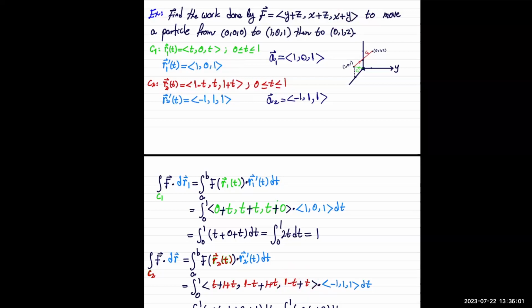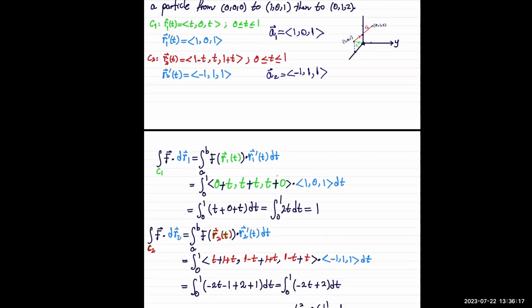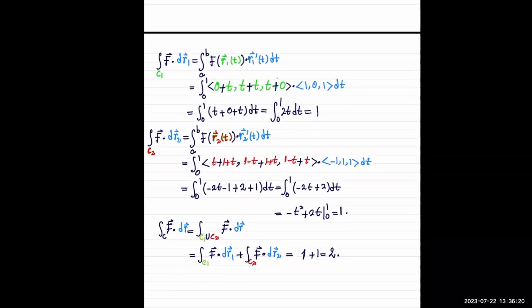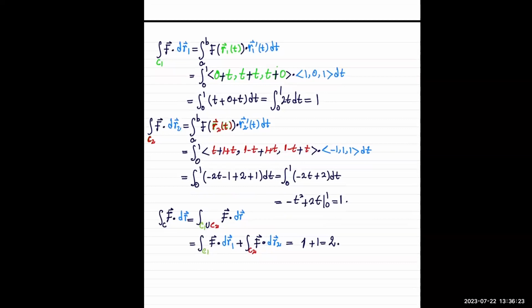And then we dot that with the derivative of the second r, which is negative 1, 1, 1. That's dr2. Do the dot product. You can begin by simplifying this vector field in terms of t. Here we have 2t plus 1 dotted with negative 1, you get negative 2t minus 1.